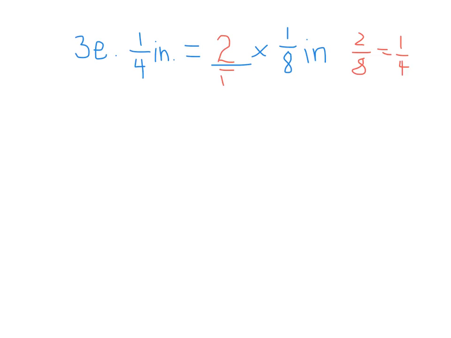All right, we're going on to F, and we see 120 hectograms equals blank times as heavy as 6 kilograms. Now here I'm going to have to do some conversions, because first of all I have to change hectograms to kilograms. How many hectograms are in a kilogram?